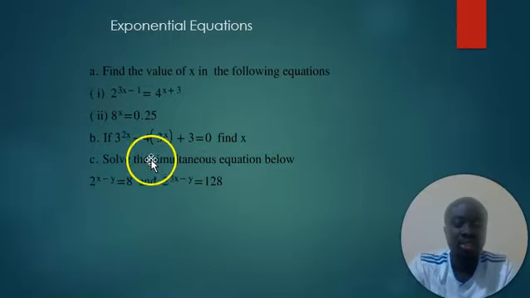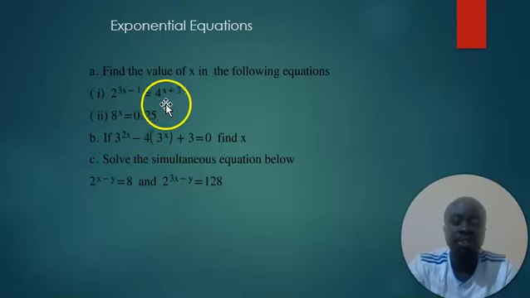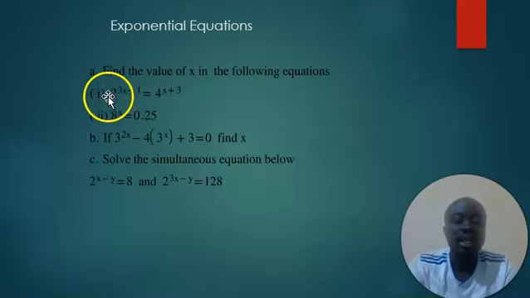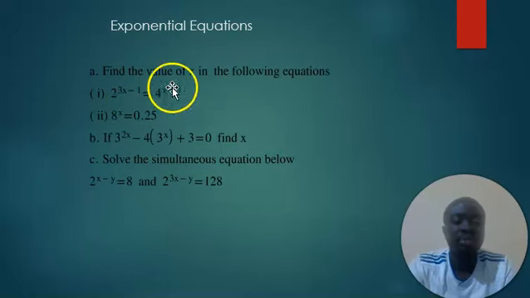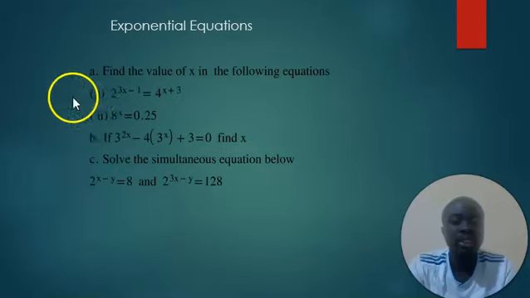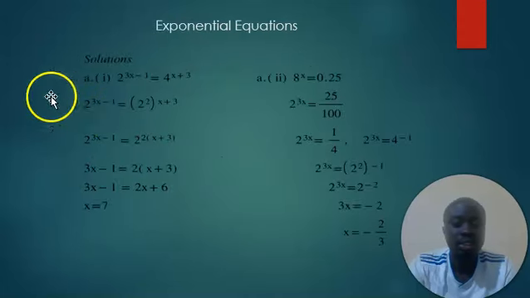For this simultaneous one, I'll explain the solution in the next video that will follow. So for this video, we are going to concentrate on (a)(i), (ii), and (b), the linear and the quadratic. So let's start solving the linear one by reducing these to a linear equation. Let's look at the solution to that.